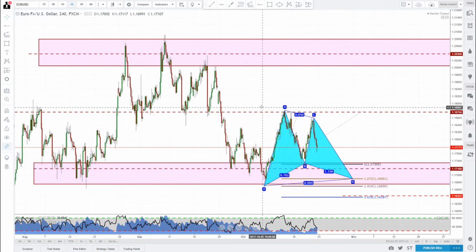We said that in this middle zone we want to see price action. So in any case, if I see some formation here, I am going to trade that formation. Otherwise, I want to trade just at the edges.